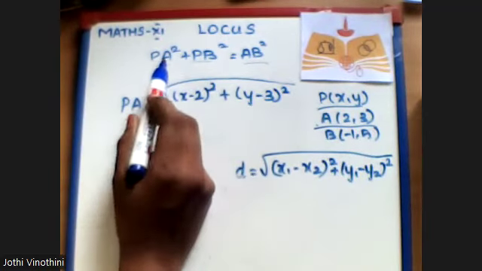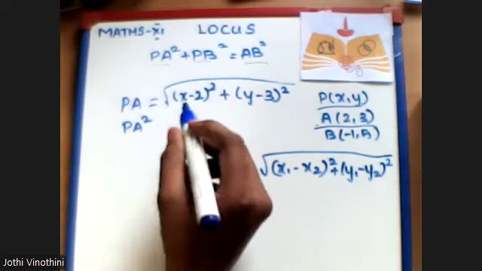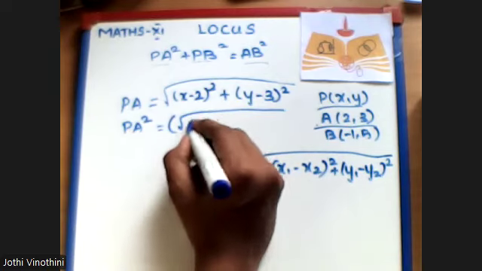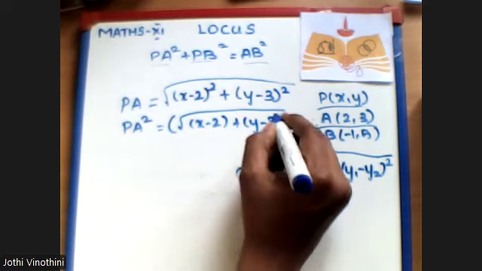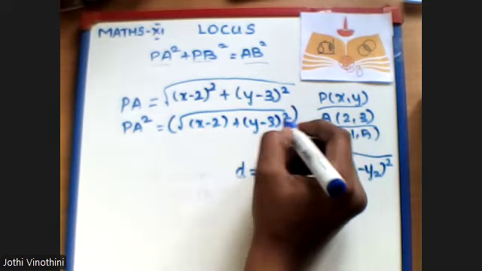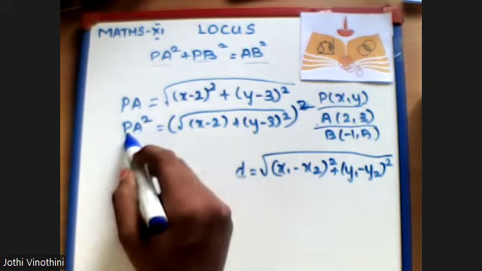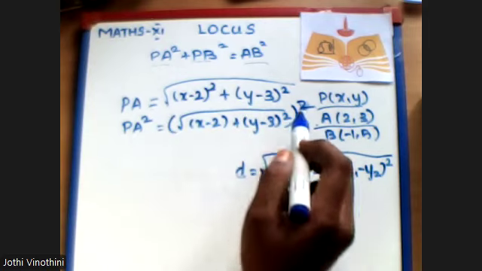What I have to find is PA square. So if we square this entire term, PA square is equal to the entire term, the whole square.